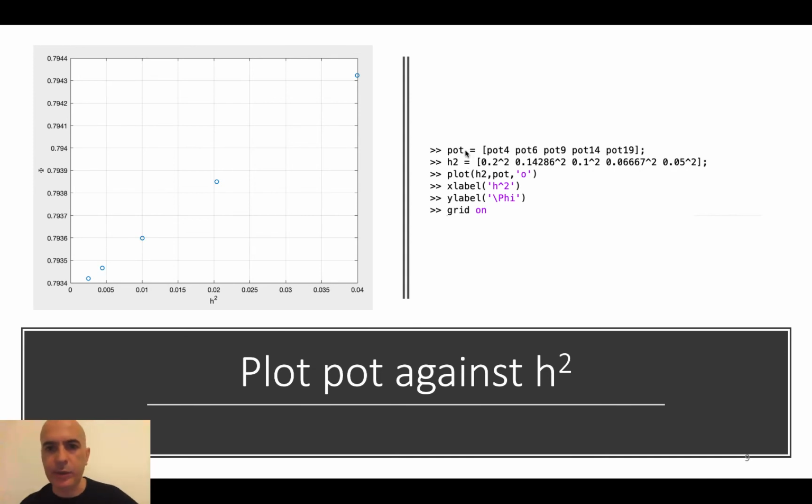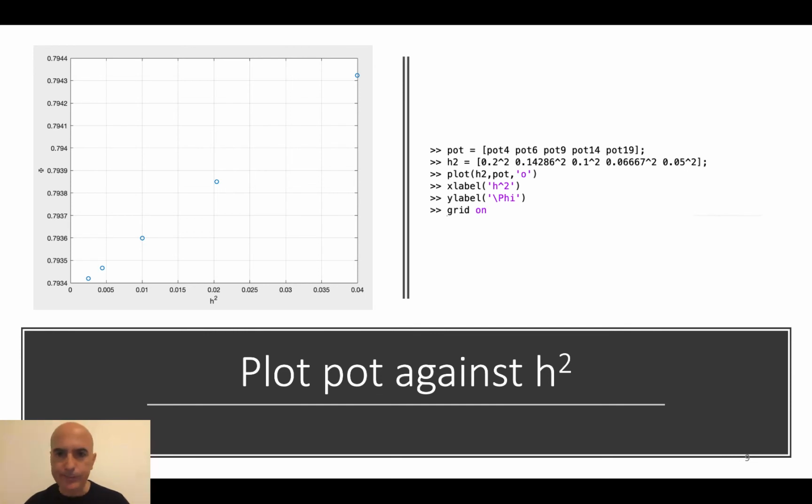One is potential, that is collecting the potential values calculated for different numbers of squares. So I have 4 by 4, 6 by 6, 9 by 9, 14 by 14, and 19 by 19. And then I also take the L square for the x-axis.